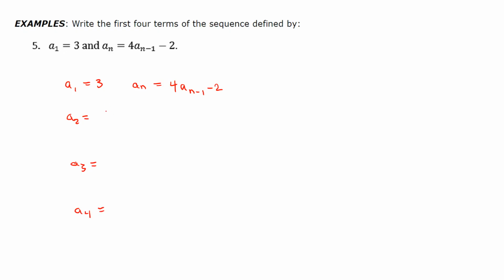Okay, so let's set up our formula. So 4 times a subscript n, in this case it's 2 minus 1, and then we're going to subtract 2. So this would be 4 times a subscript 1 minus 2. Well, we know what a subscript 1 is, 3. It was given to us. Oops, I forgot to do minus 2. Minus 2.